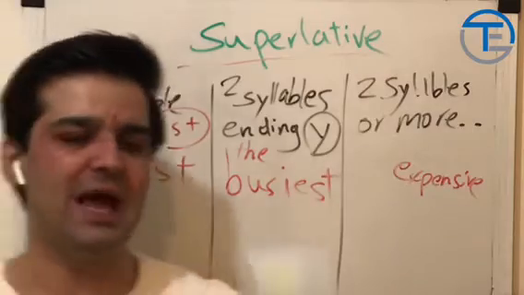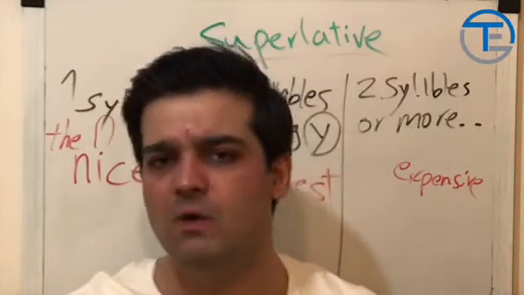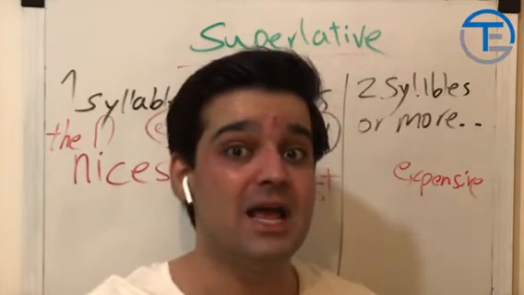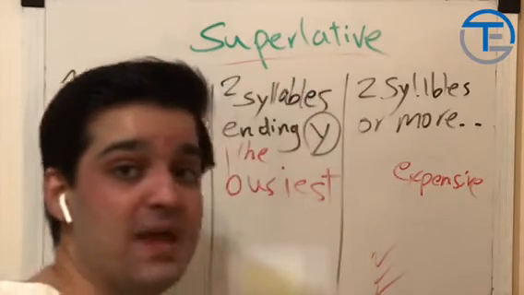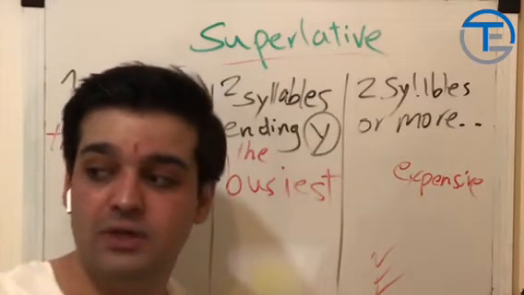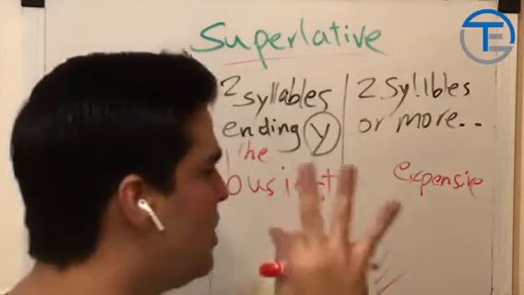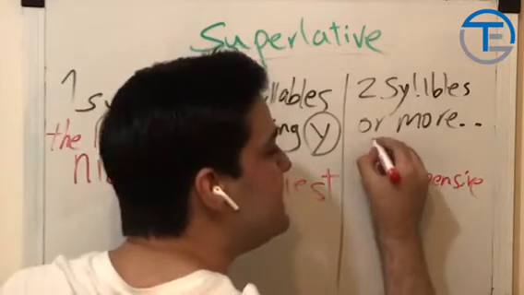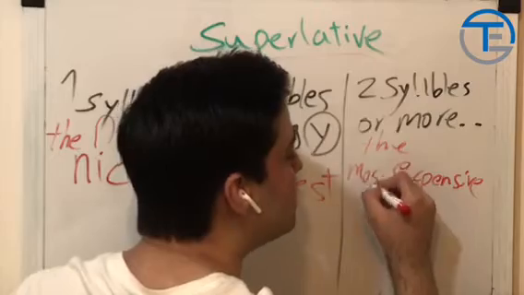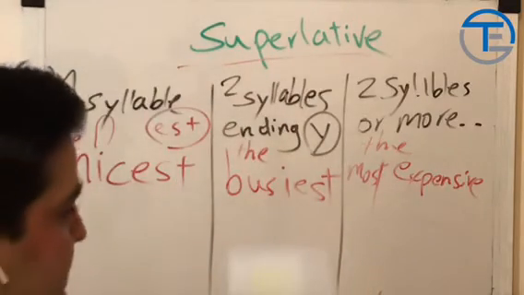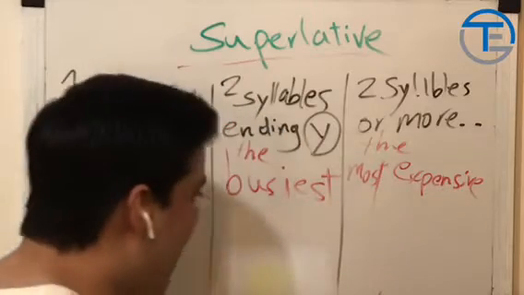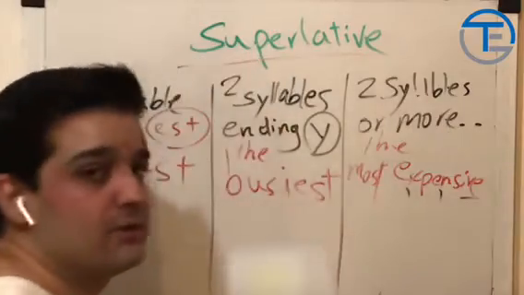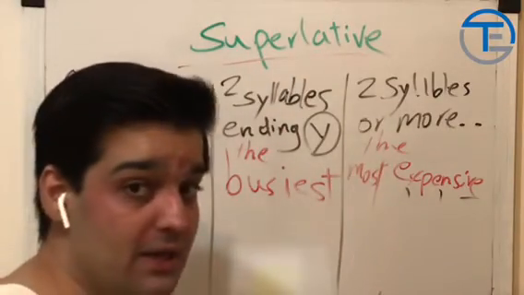If you have, for example, 3 laptops, Apple, Samsung, and Lenovo, and you want to compare them and say which one is the most expensive, you can say the most expensive. Here we have 3 syllables, so you have to write the most expensive.